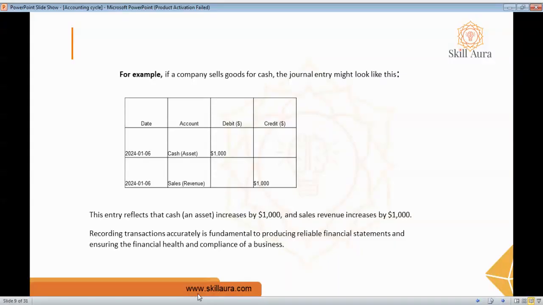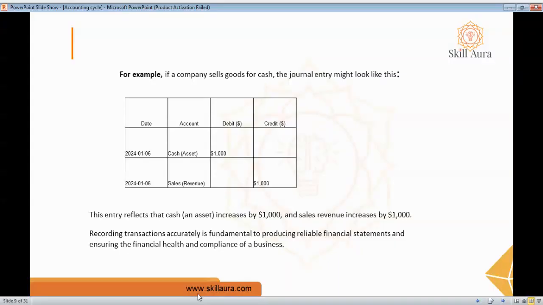Let's say you made a sale for a product worth 500 rupees. Here the transaction will be a revenue transaction, as in the previous example. The sale of a product worth 500 is related to the revenue transaction since it represents the income earned by the company.